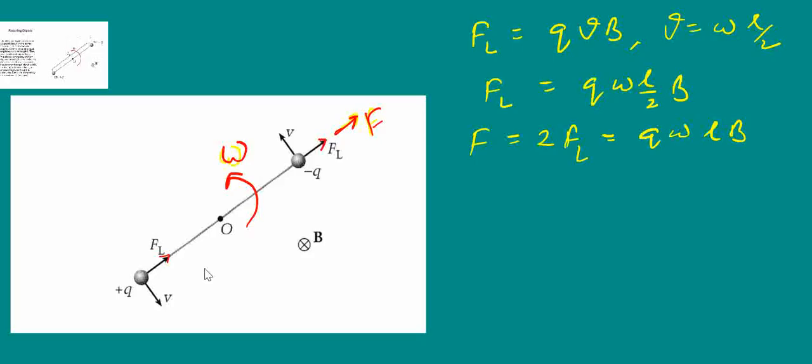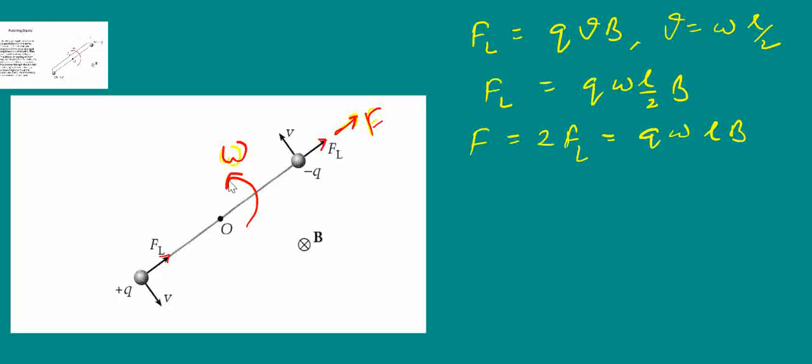But it cannot produce any rotating action itself, because it is already passing through the dipole center. That means the dipole center will also revolve with the same angular velocity omega.